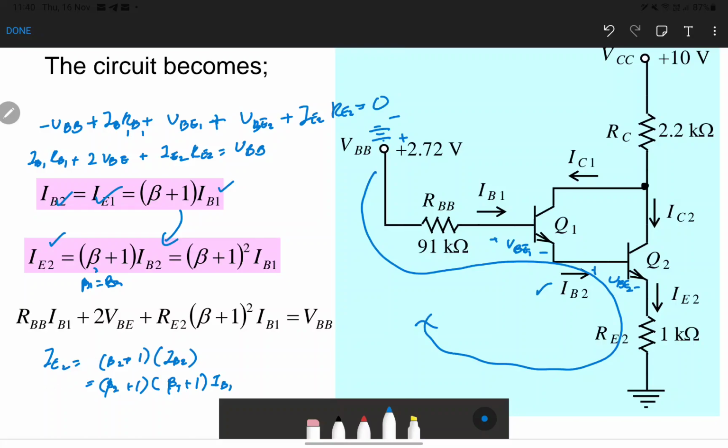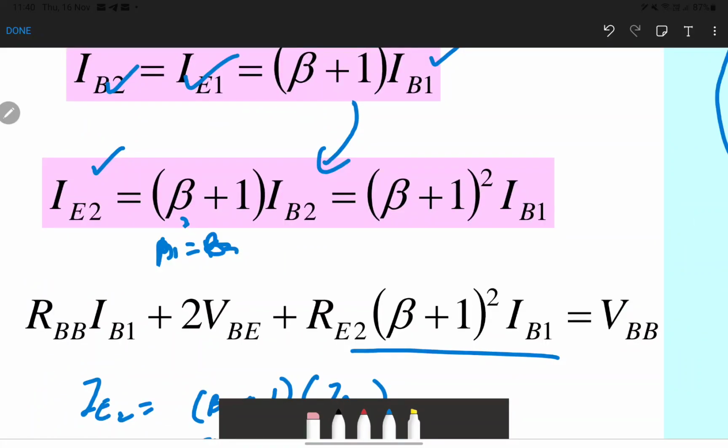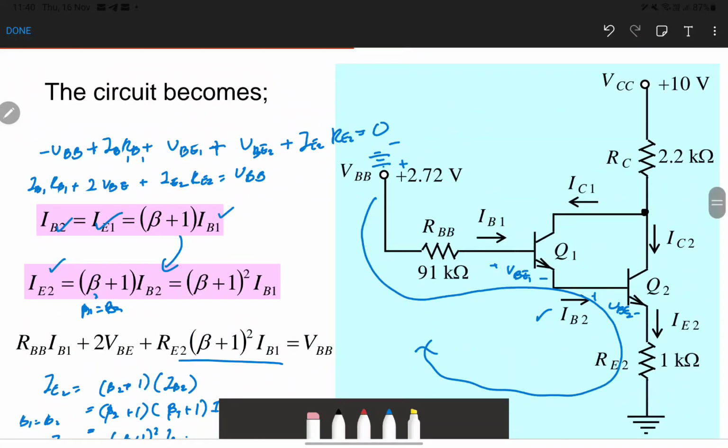Since beta 1 and beta 2 are equal, we can say beta plus 1 to the power of 2 times IB1. Then we replace this IE2 inside our equation, and we get the new value for IE1. Okay, from this new relation, we can search for the value of IB.